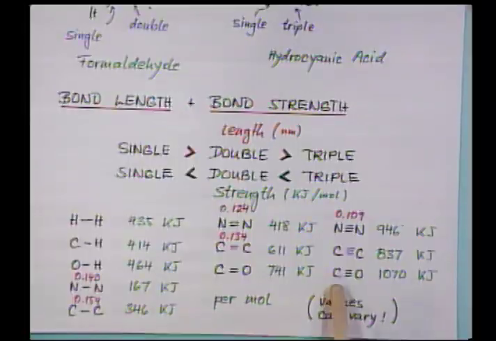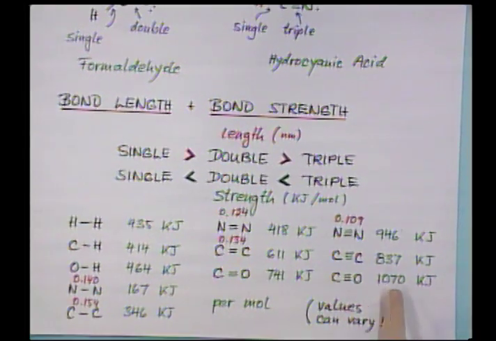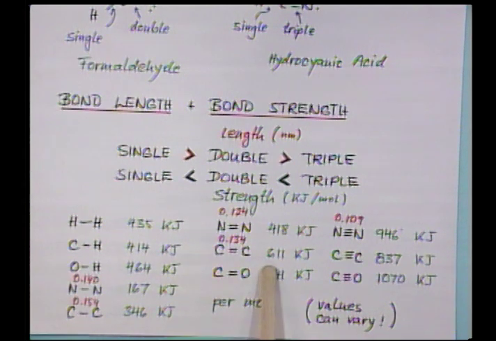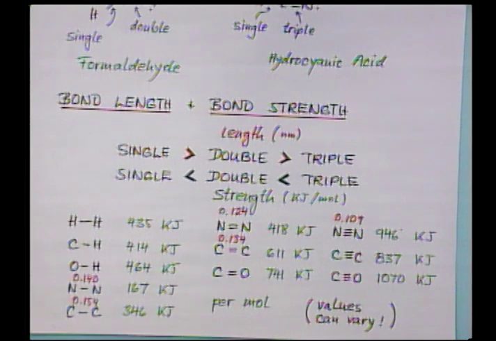Another very strong bond is carbon monoxide. It's 1,070 kilojoules, and the two nitrogens is 946 kilojoules. The carbon-carbon triple bond is 837. And if you compare it to the double bond strength, it's 611, and the single bond strength is 346.